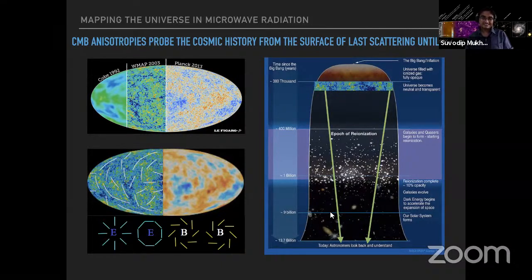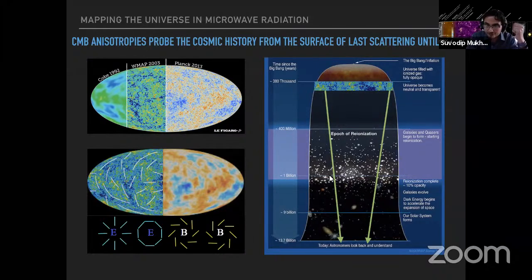Photons get scattered when they propagate from the surface of last scattering to us, and anything happening in between gets imprinted on the cosmic microwave background. One of the interesting epochs of the universe is the epoch of reionization, and that's our central interest for this talk and this workshop.